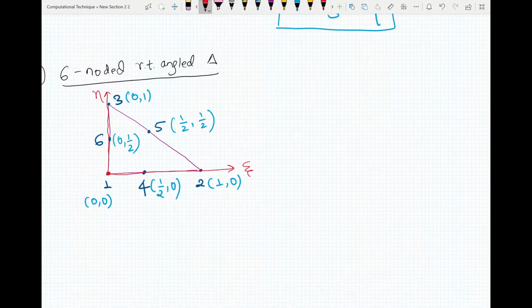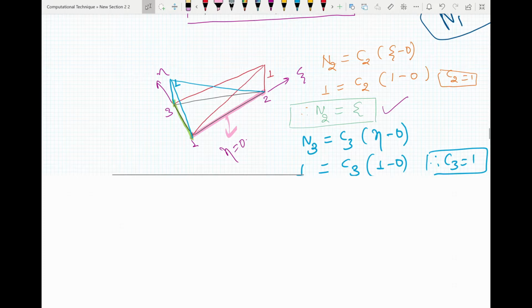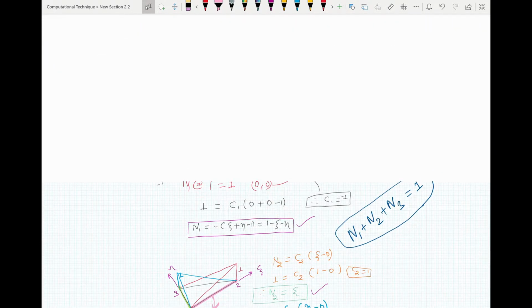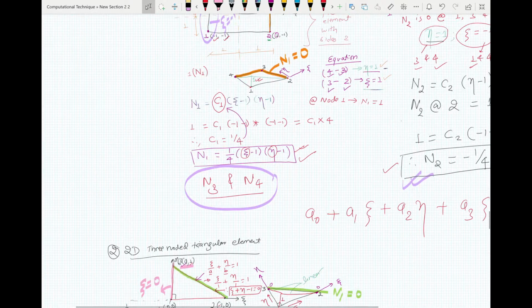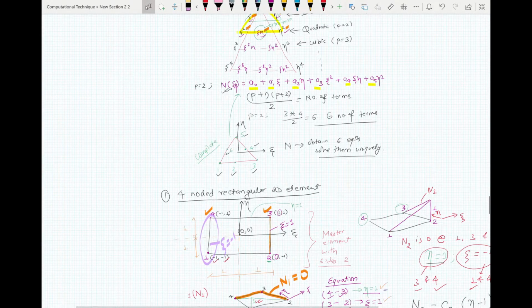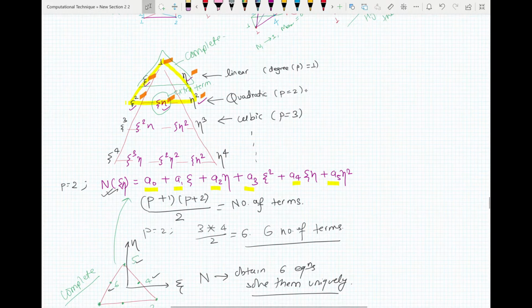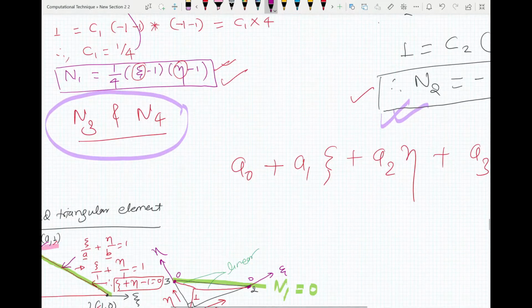So if you want to choose the polynomial of the shape function, then we have to go to Pascal's triangle and then go to the quadratic equation. So you have to take all these points under consideration. There you'll have the xi square term, eta square term as well.